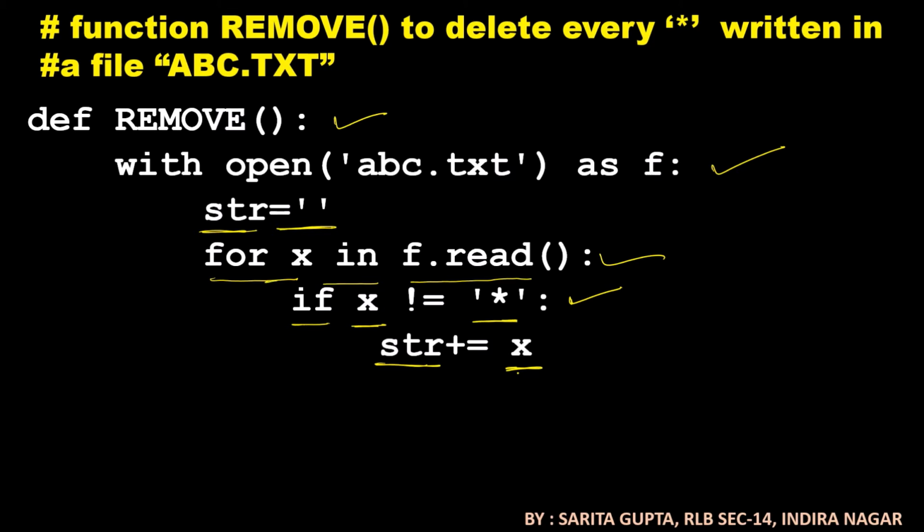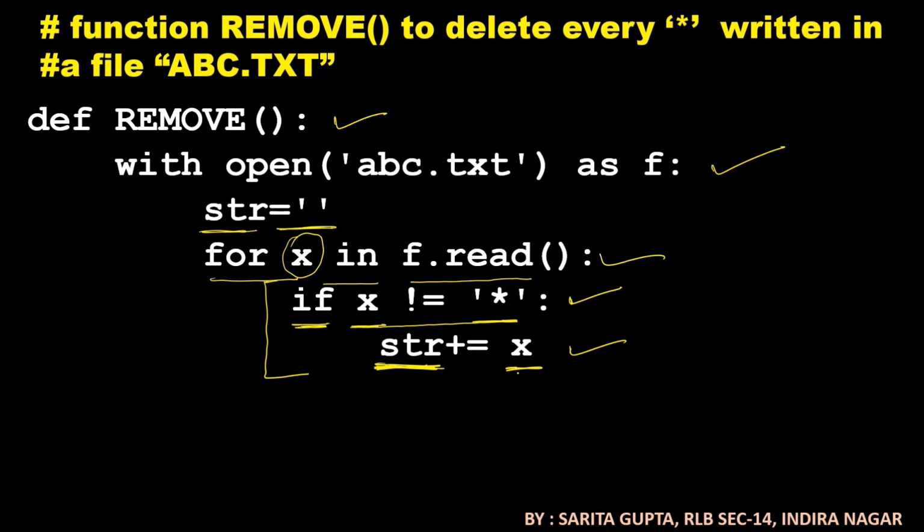So in the loop, for every character read into x from the file content, this condition will be evaluated. If the read character is not equal to asterisk, its value will be concatenated to the string str. So when the loop terminates, the string str will be storing all characters except asterisk from the file.